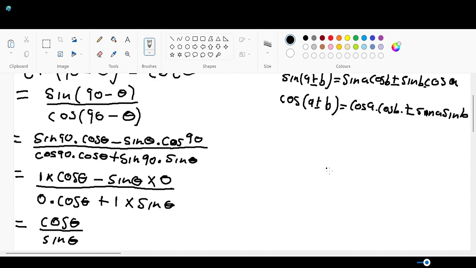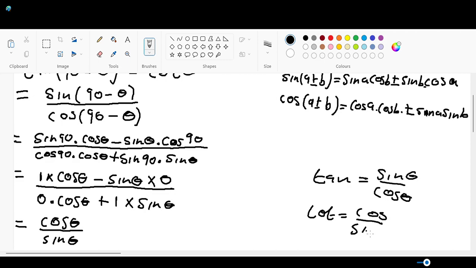Now, if we still remember, if tan is equal to sine over cos, this means that cot is the opposite, is cos over sine. Alright, let me just put thetas here, okay?